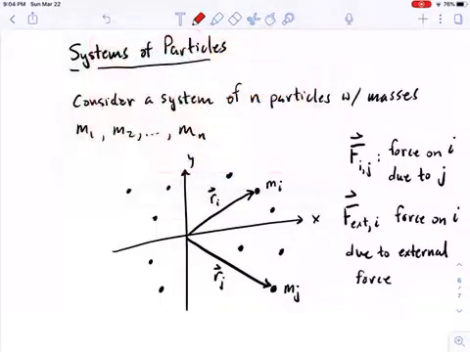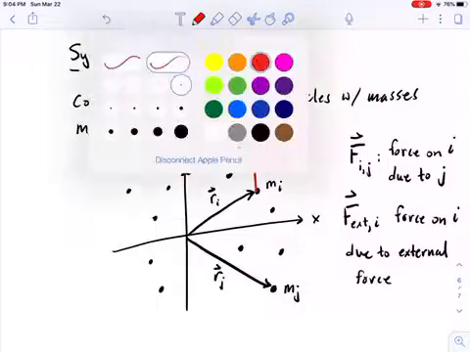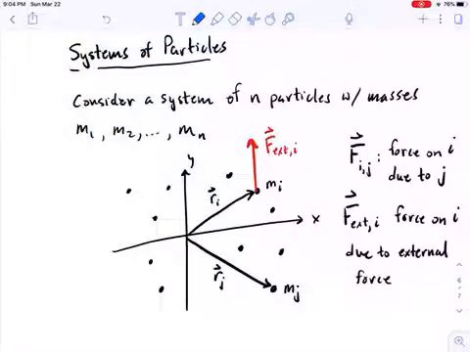Okay, and so let's consider particle i. And we could say maybe there is some external force, F external i, on that particle. And then maybe there's an interaction with particle j.